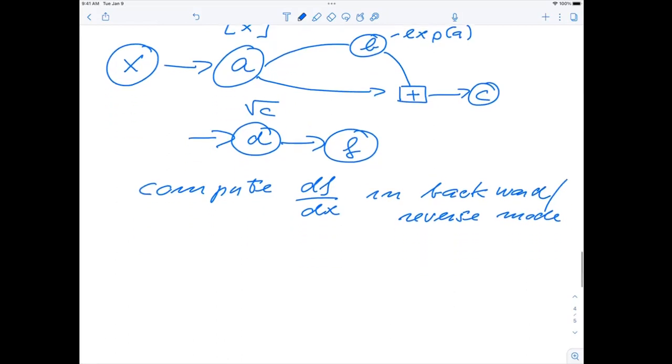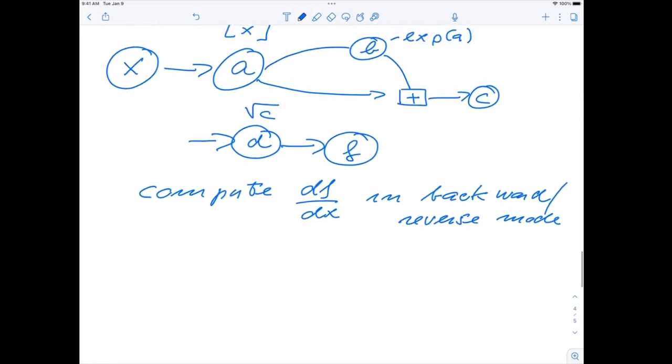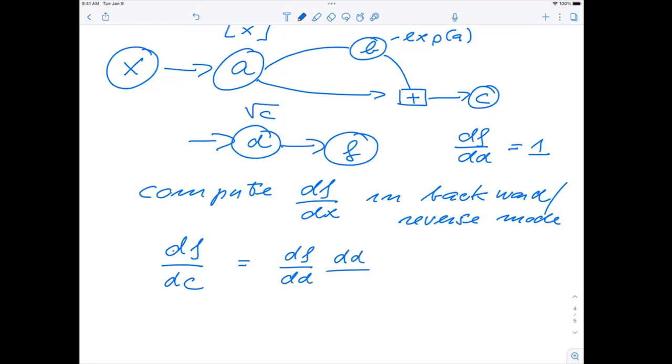So what we do then is the following. We are going to calculate the derivative of f with respect to c, because we know that df/dd is just equal to 1. So the first thing we need now, since c is an argument to f, is df/dc. And this is obviously something which we have given as df/dd times dd/dc.